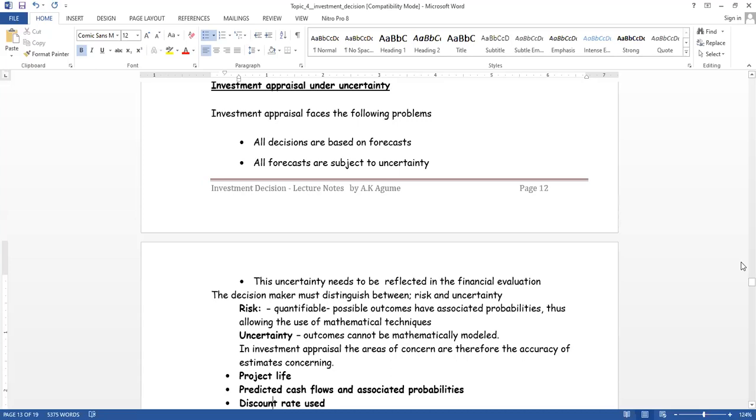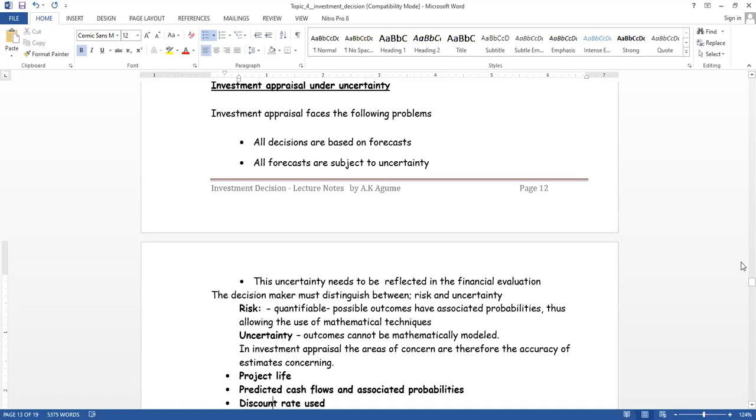Okay, so the question is, since now we are saying that these forecasts or projections that we always make may be subject to risk and uncertainty, how do we handle the two? How do we incorporate risk and uncertainty within our projections? And we need to identify these two because the two are not the same. When we talk of risk, it is different from uncertainty.